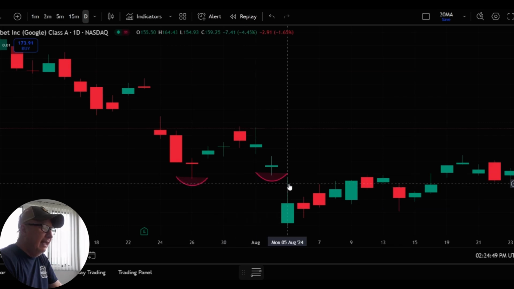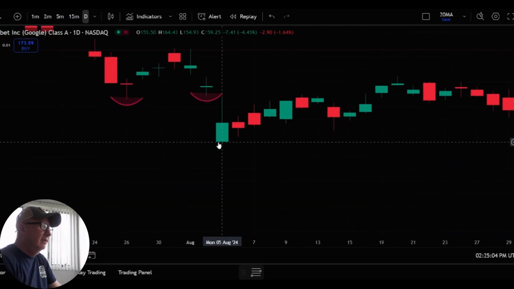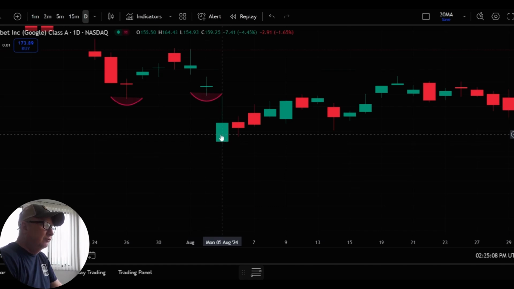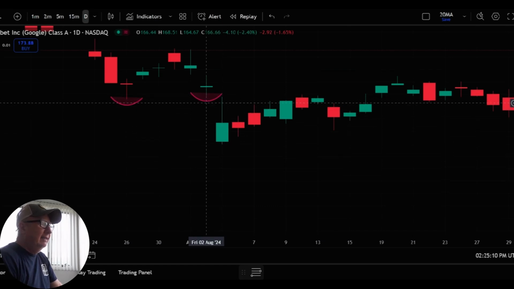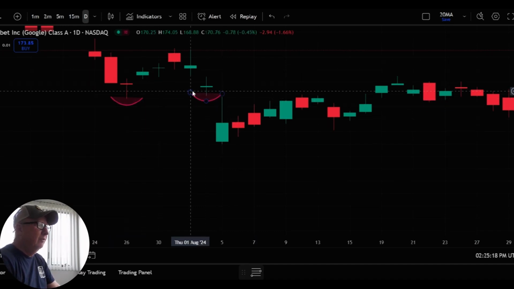So when this happened the next day, the stock opened here, tried to move up, but ran into resistance as sellers came in at these levels. All the people that were long here were getting out.